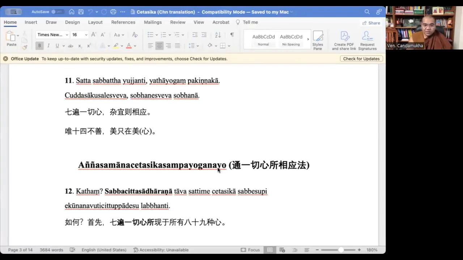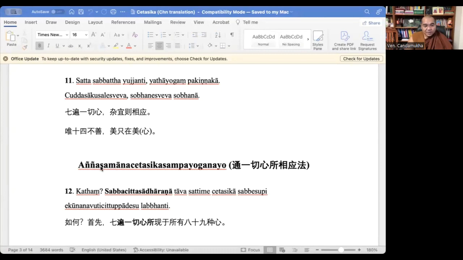For example, Phassa Cetasika associates with how many consciousnesses and dissociates from how many consciousnesses. That we need to know. The method that explains this is called Sambayoga Naya.